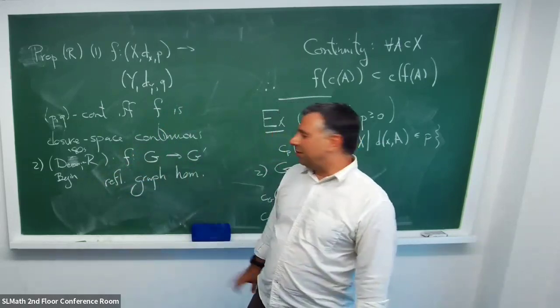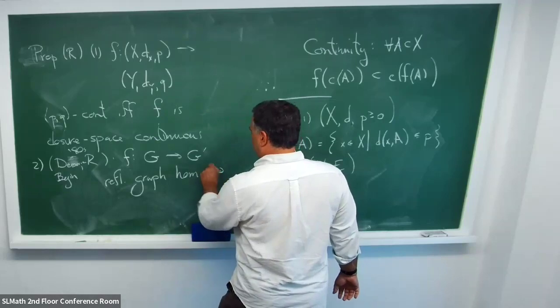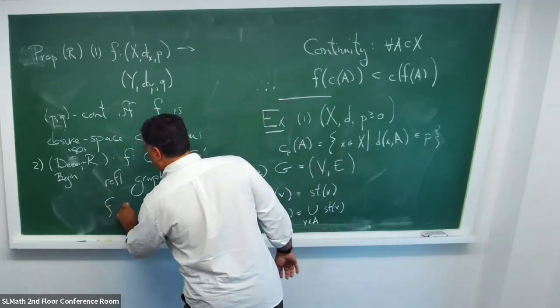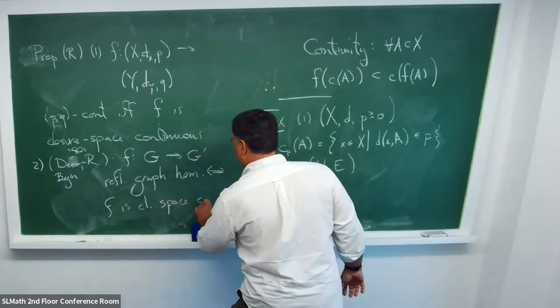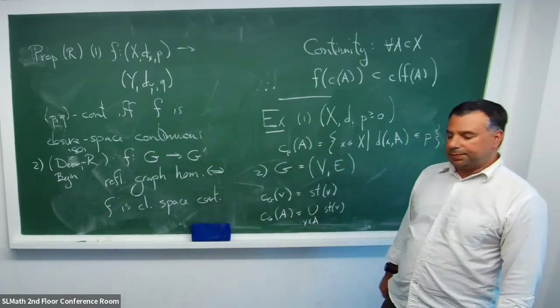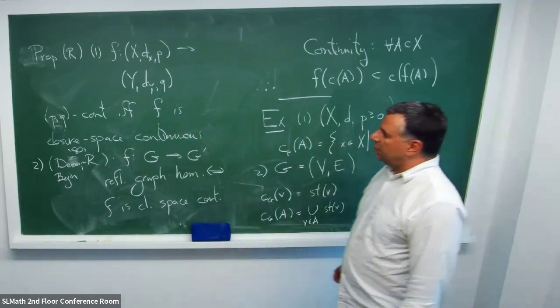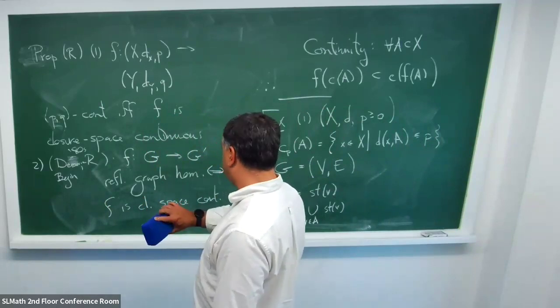Then f is a reflexive graph homomorphism if and only if f is continuous relative to the closure structure. Okay, so this is very nice.